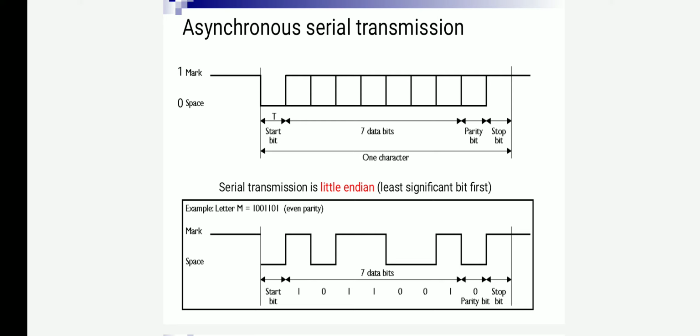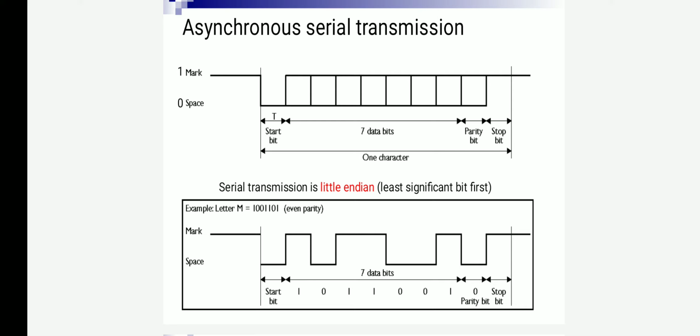In the upper figure, you can see that there are 7 bits of data which are converted into serial data, which is the output data of the transmitter. 7 bits of the data. One start bit is there at the start of the data.